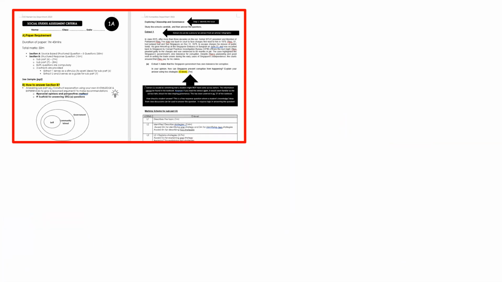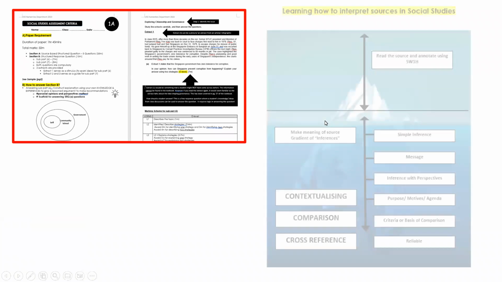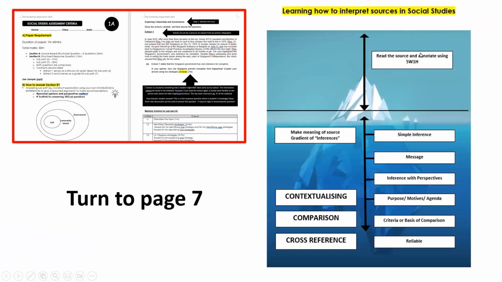Now, if you have your 1A worksheet, do turn to page 7, because on page 7, you can actually see specifically how to interpret sources in social studies.